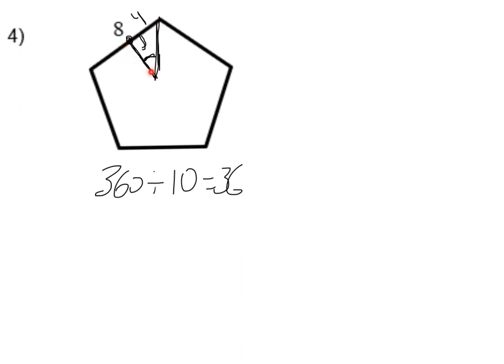So in this scenario, I have an angle, an opposite side, and I want an adjacent side. So looking back to our trig unit, if we think about SOHCAHTOA, I'm going to want to use tangent here to solve for my adjacent side, x. So I'm going to use tangent of 36, right? That's what we determined that angle was, equals the opposite side 4 over the adjacent side x, which is what I'm looking for.